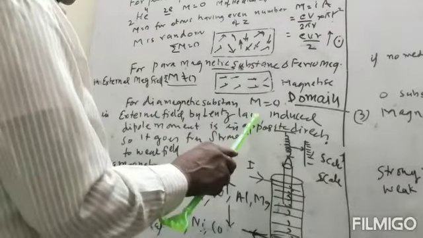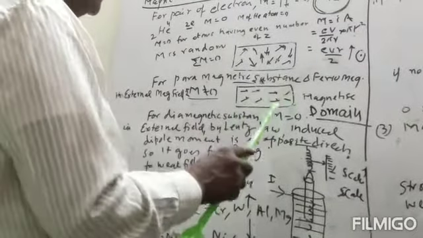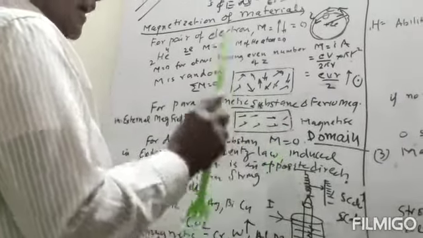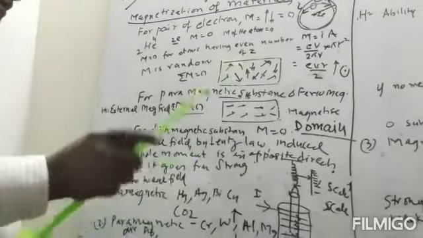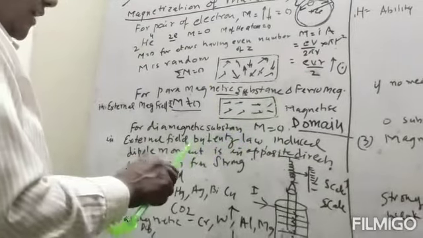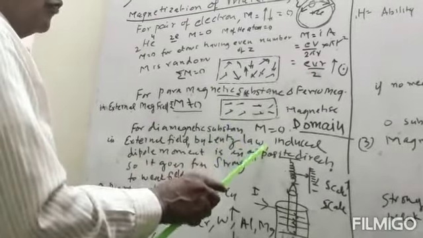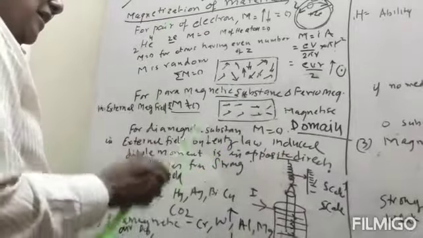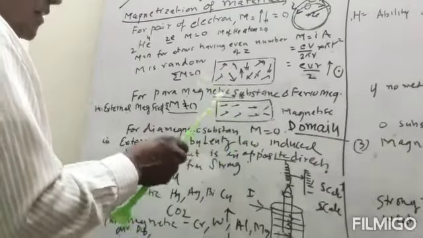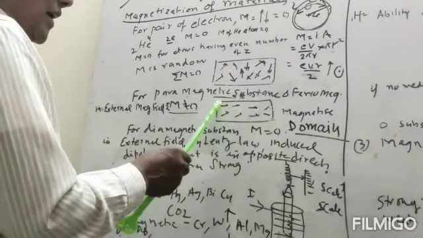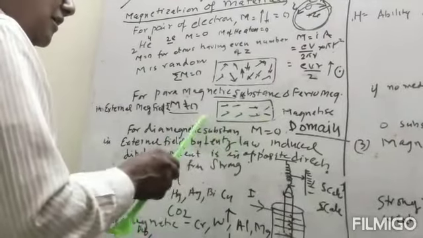So when we apply the external magnetic field, what will happen? Induced dipoles are produced. Due to the magnetic field, induced dipoles are produced, and by Lenz's law, which we will study in the next chapter, they will try to oppose it. So the magnetic moment which was equal to 0 will now, due to the external magnetic field, be in the opposite direction.